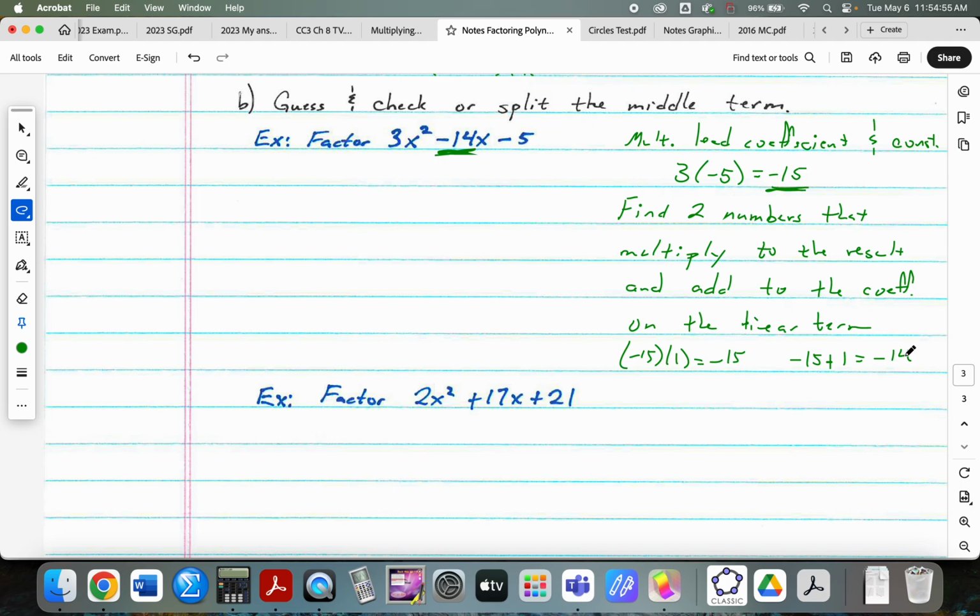So those are my two numbers. It does not matter which one you do first. It really does not. What I'm going to do is divide up this middle term, this negative 14x, into two different parts using these two numbers. Because I wrote the negative 15 first, I'm going to use it first, but it doesn't matter. So I'm going to write 3x squared minus 15x plus 1x minus 5.